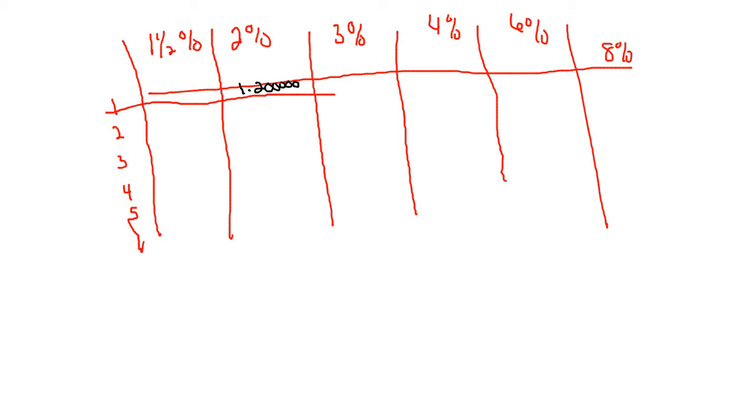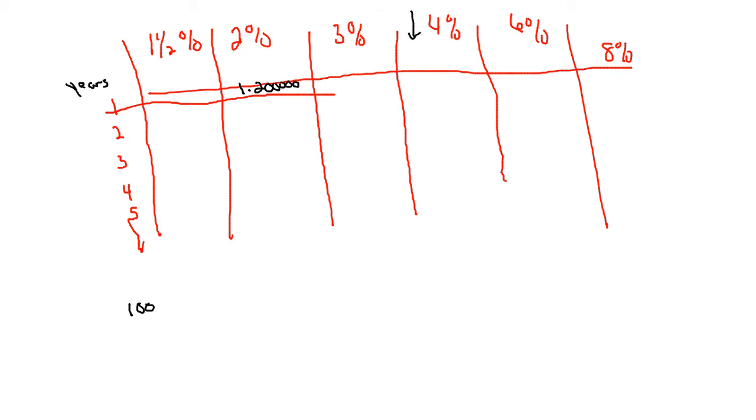So this number over here is years, and so you just follow that pattern. If it tells you that the problem we're going to look at is 4%, we'll want to look at this column here and then look to see what years we're looking at, and so on and so forth.